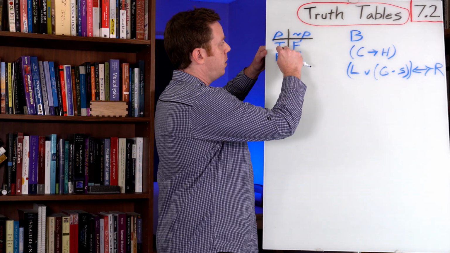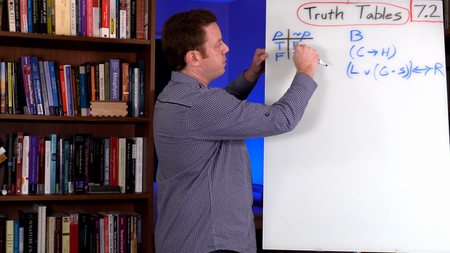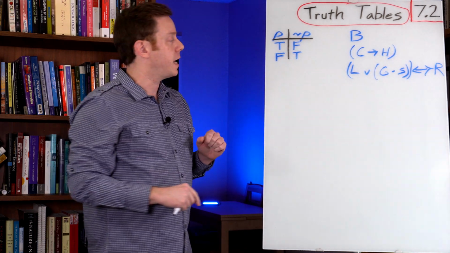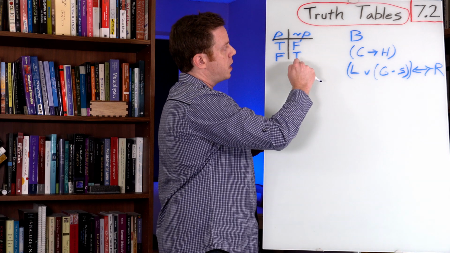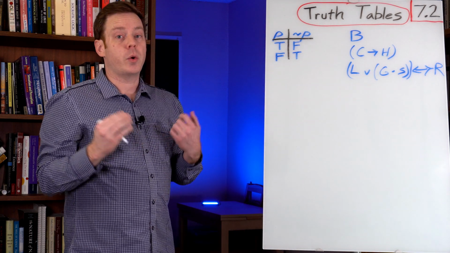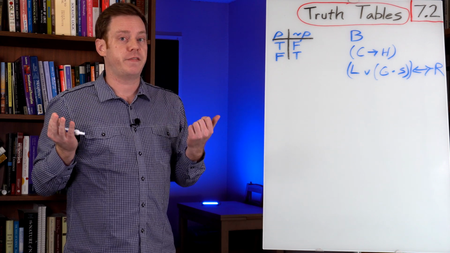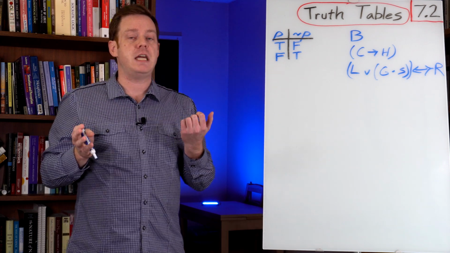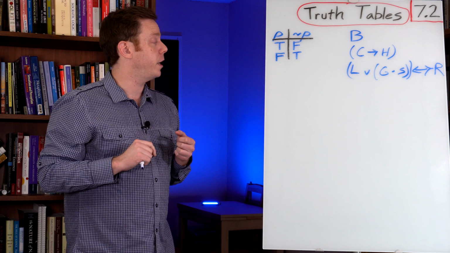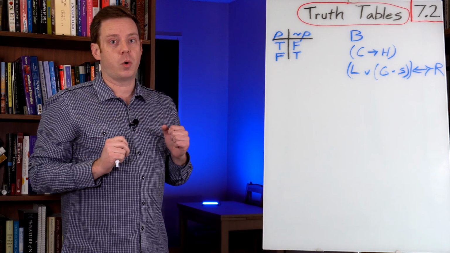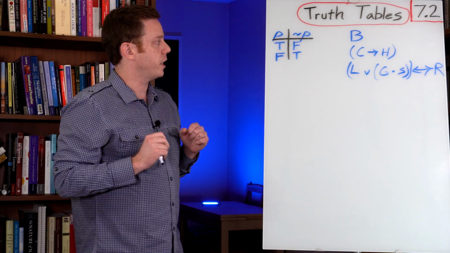So when P is true, not P, of course, is going to be false. And when P is false, not P is going to be true. Now, this truth table for negation, of course, is very simple, but some of the truth tables for other logical operators might be more tricky.